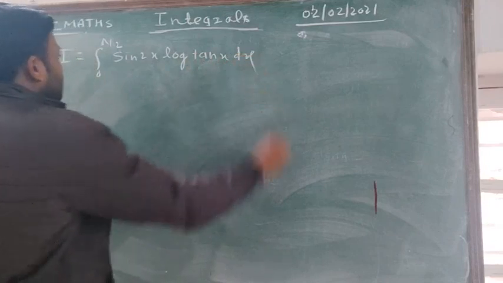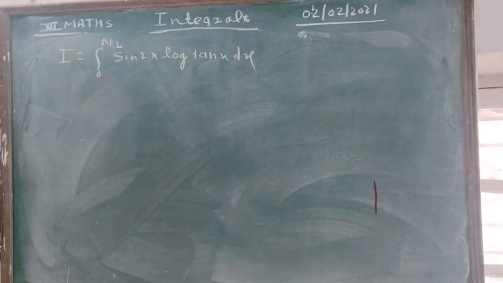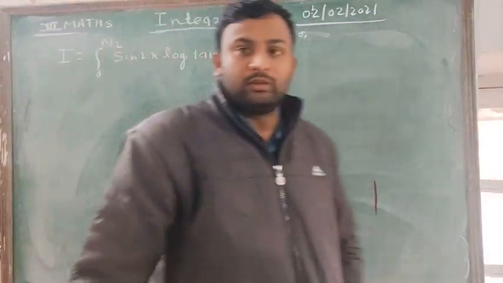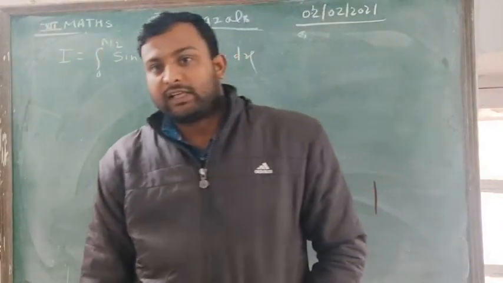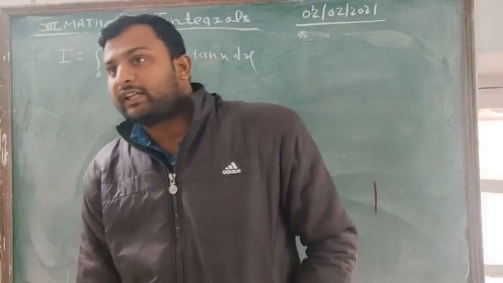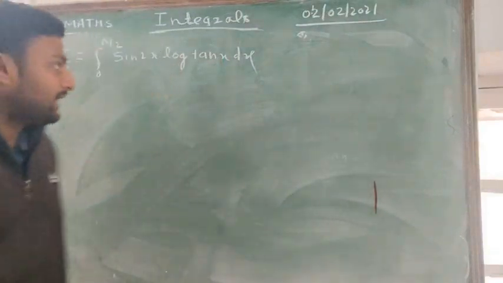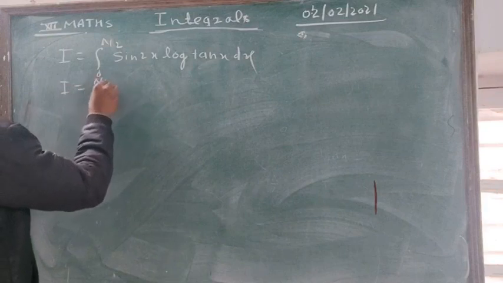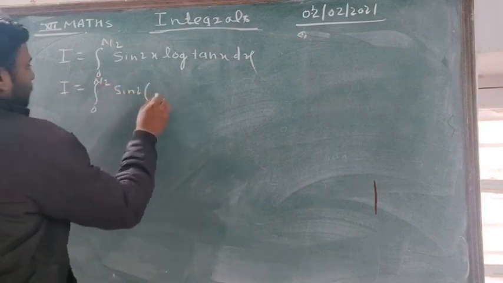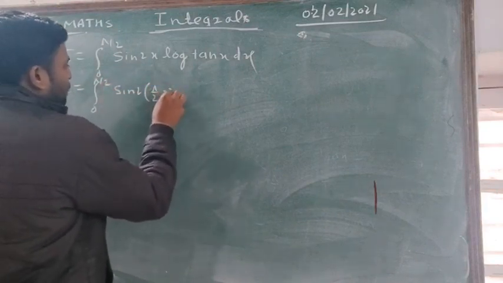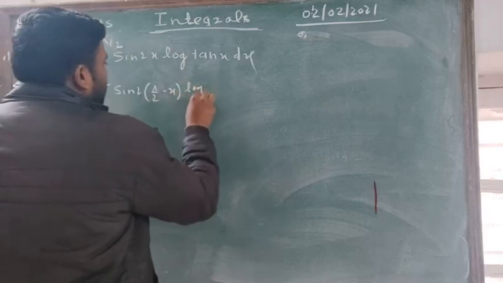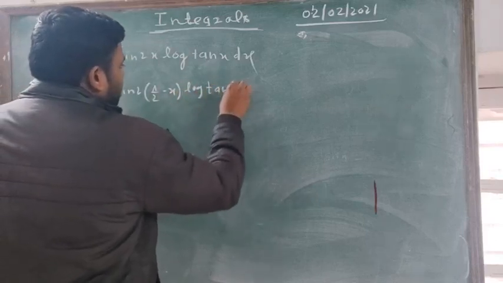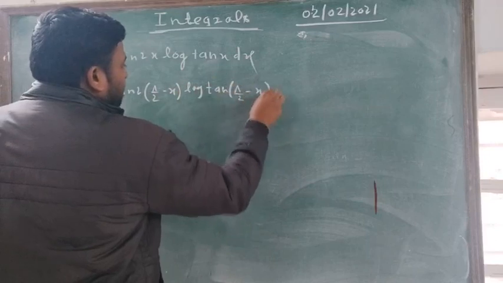Okay students, now we have to find the integral of this question. We know the formula of properties: the integral 0 to a of f(x) dx we can write as the integral 0 to a of f(a minus x) dx. So I is 0 to pi by 2 of sin 2(pi by 2 minus x) and log tan(pi by 2 minus x) dx.